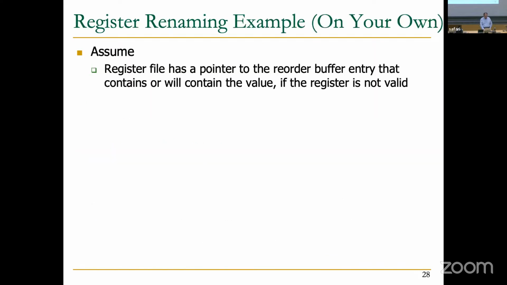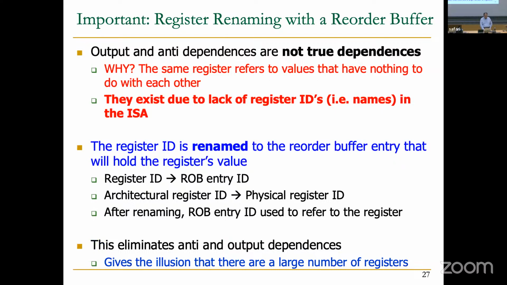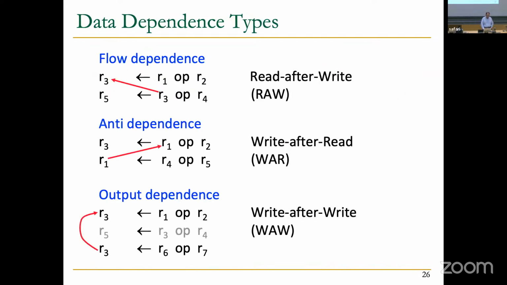I think I will have an example later about it to clarify more. But for example, for this output dependence, when we want to decode this first instruction, R1 to operand R2, we reserve a reorder buffer entry. So there is an entry name for that reorder buffer, right?